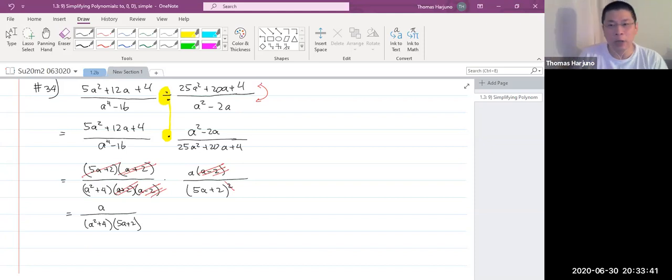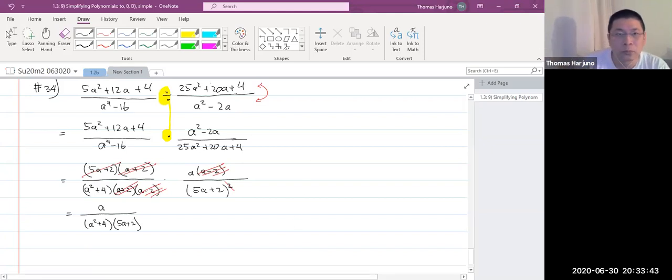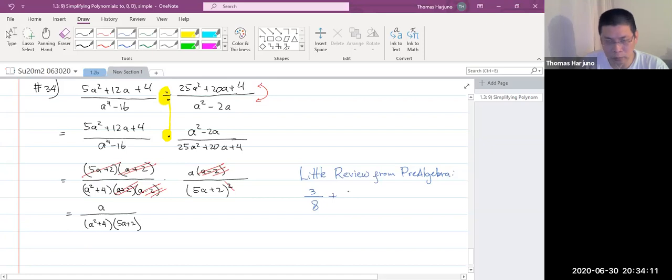Now, what happens if we add and subtract? Let's do a little review from pre-algebra. Suppose I need to add 3 over 8 and, let's say, 5 over 6.